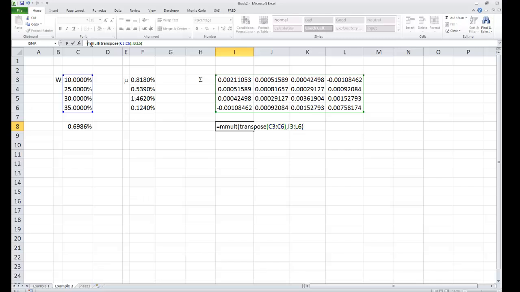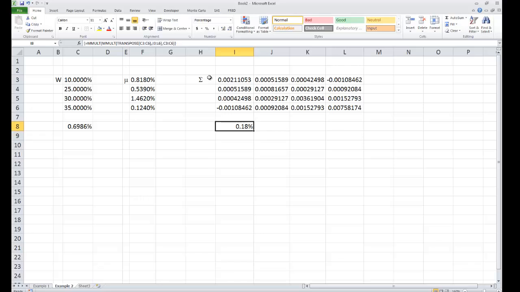So you have to actually do it this way. Do another matrix multiplication and then tack on the weight vector at the end. So what this formula is saying is do matrix multiplication, and the first matrix is actually going to be the matrix that results from multiplying W transpose by sigma, and then the last matrix is just the weight vector.